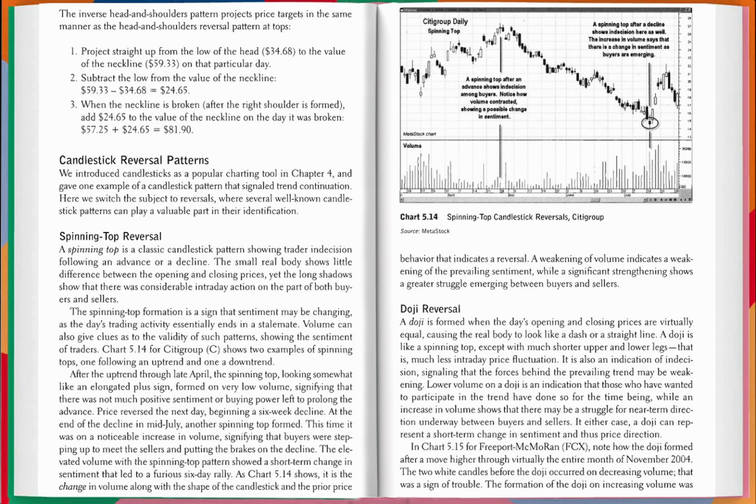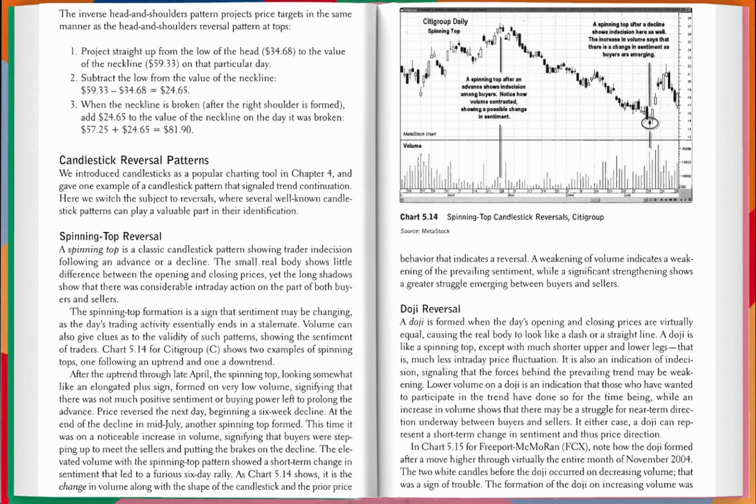1. Projects straight up from the low of the head, $34.68, to the value of the neckline, $59.33 on that particular day. 2. Subtract the low from the value of the neckline, $59.33 minus $34.68 equals $24.65. 3.